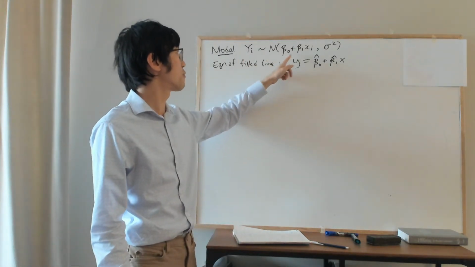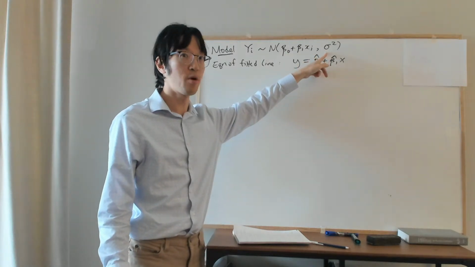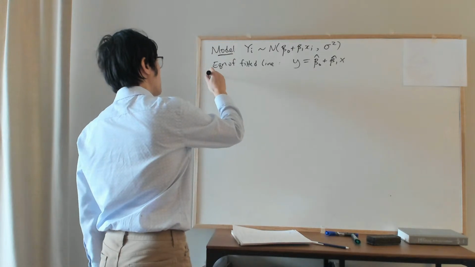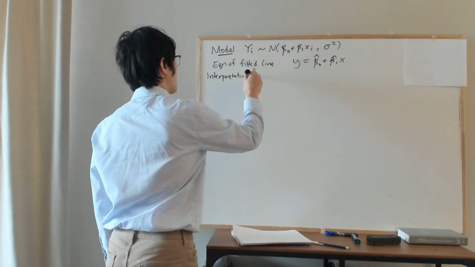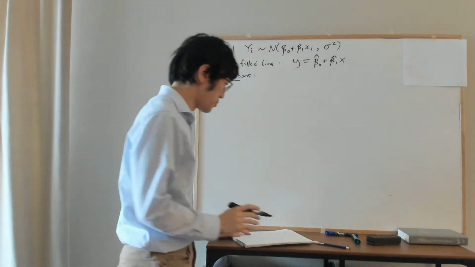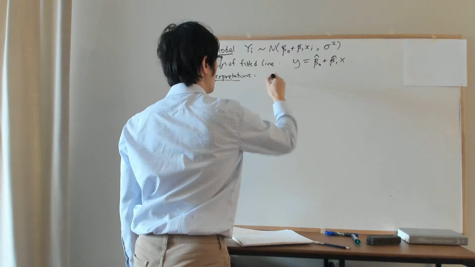Okay, so to pick up from there, let's talk about the interpretation of the parameters we see in this equation. So we have the two regression parameters, beta 0 and beta 1, and then we have a variance parameter sigma squared. So we're going to talk about those next. I'll call this interpretations. All right, so we're going to work through these three parameters. First we have beta 0.